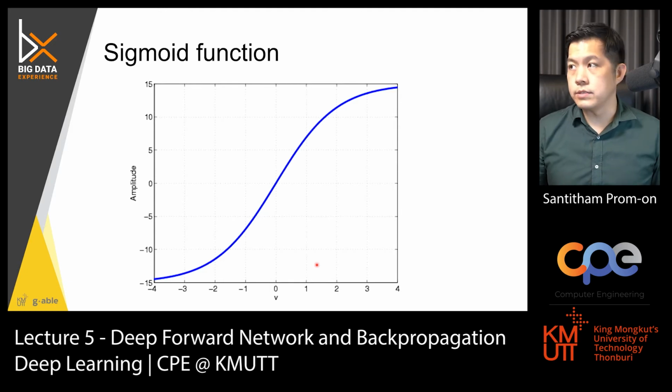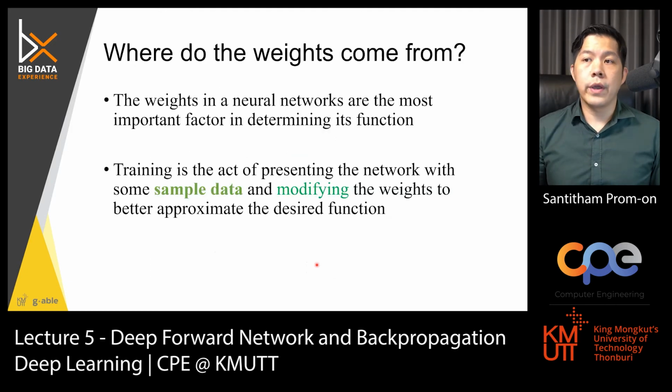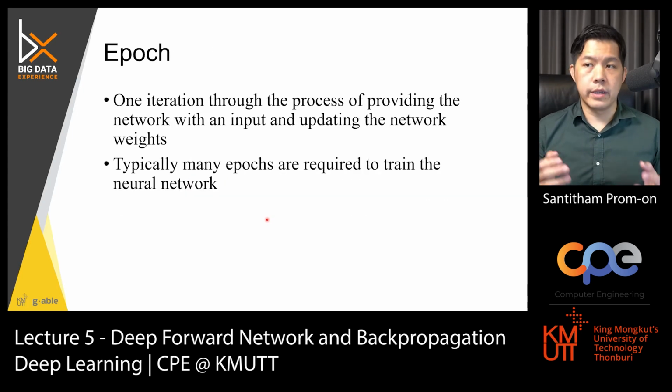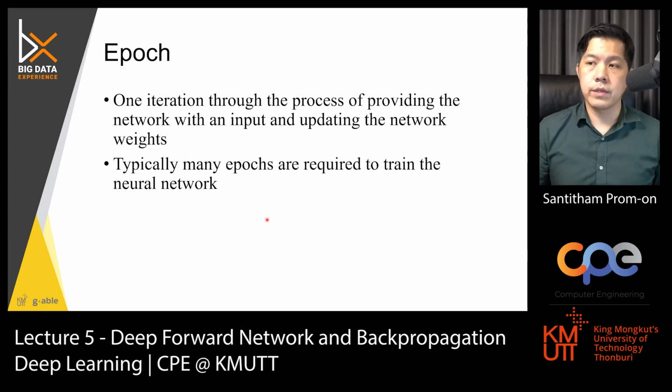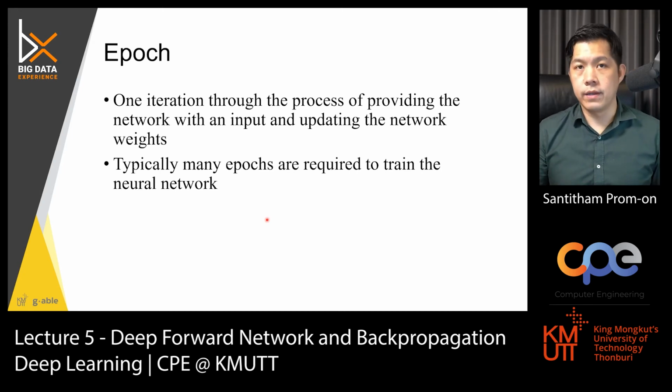So this is the sigmoid function, and the weights come from adjusting the network using sample data. The training is done by presenting the network with sample data and modifying the weights so that it would produce the desired output. One iteration of going through the whole input and adjusting the weights is called an epoch of learning.